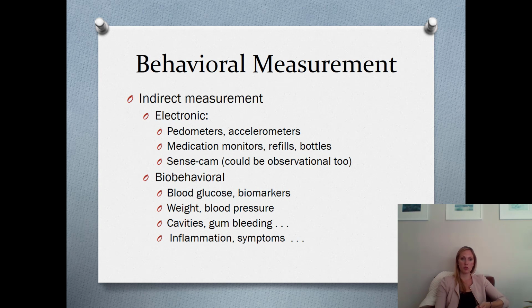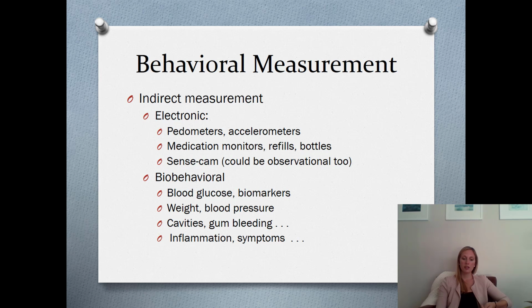Then we have the biobehavioral measurements. So these are, again, proxy measures to see if a behavior has occurred. So these could be things like blood glucose or different biomarkers. So if you are measuring diabetes adherence, you might want to measure blood glucose to see if there have been some sort of changes in behavior or measurement or adherence to medication that could be causing blood glucose.